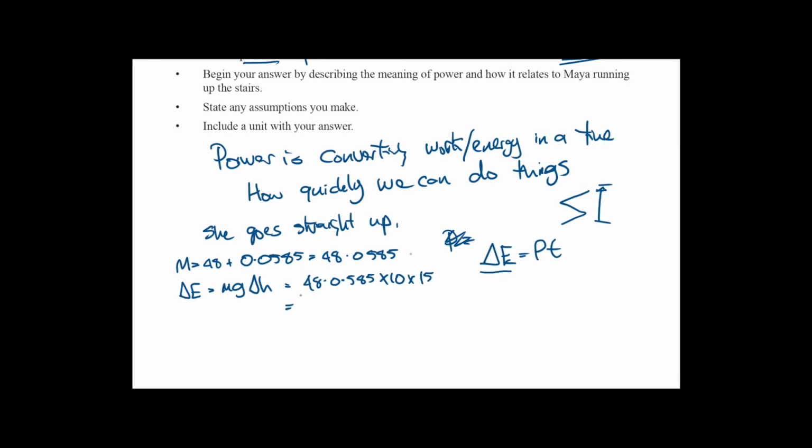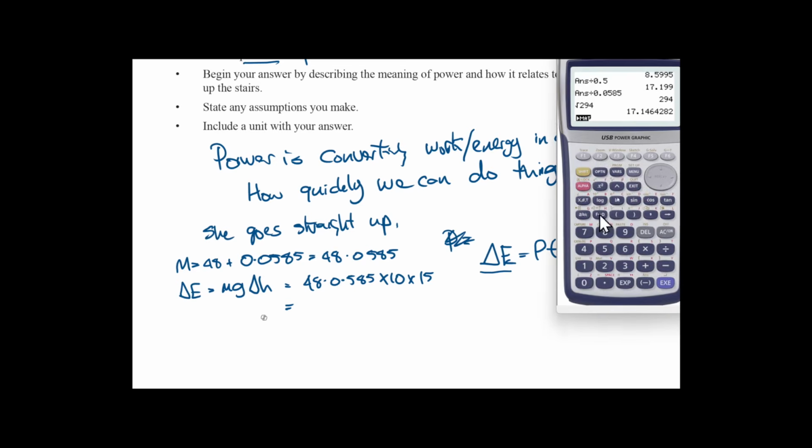And it's going to be some number, very, very similar because we're kind of like reversing the ball drop. So 48.0585, let's put that in, times 10 times 15 meters. So that's going to be 7,208.775 joules.